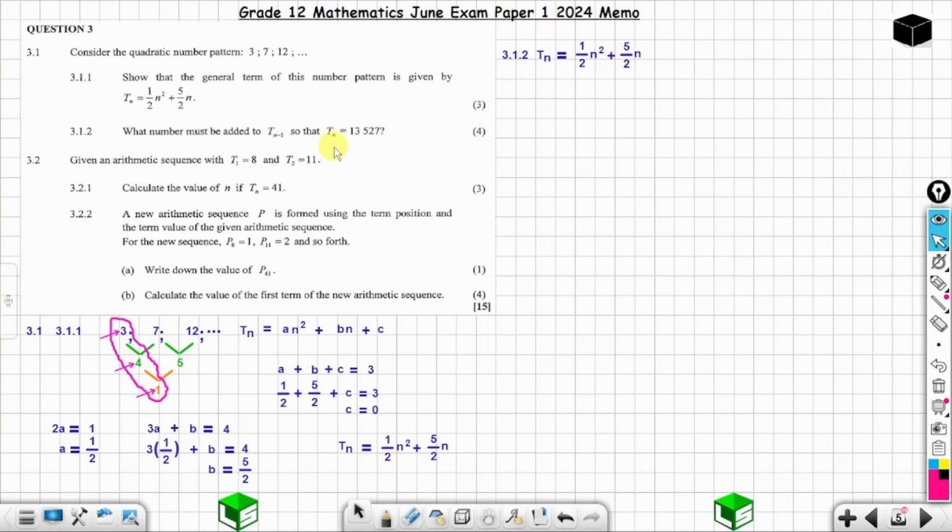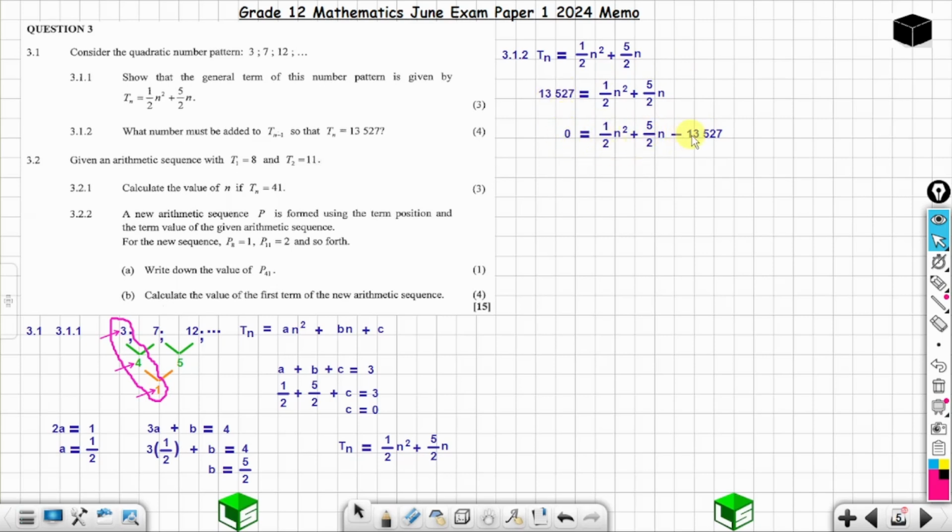Now let's find the position of this term. So Tn is equal to this. Now let's find n. n is the position of this term. You take this to the right, you have minus. Now you only have 0 on the left.